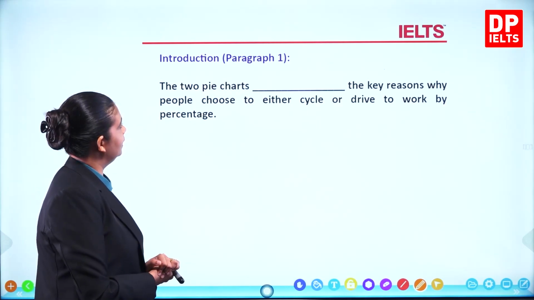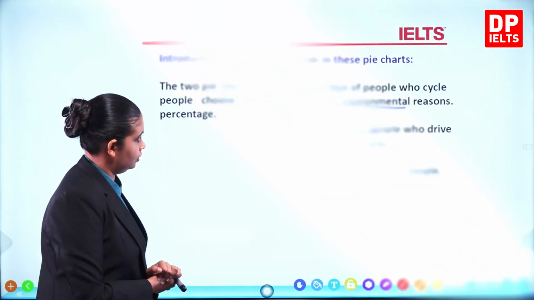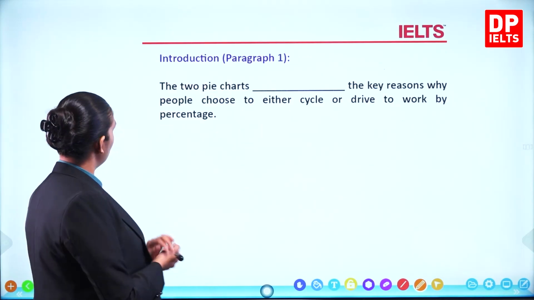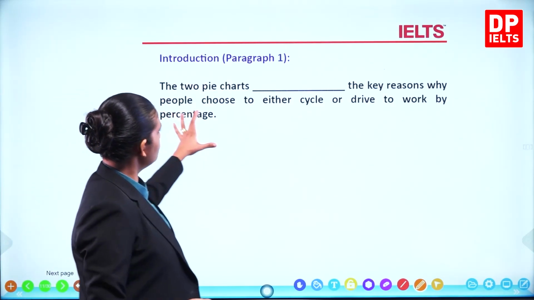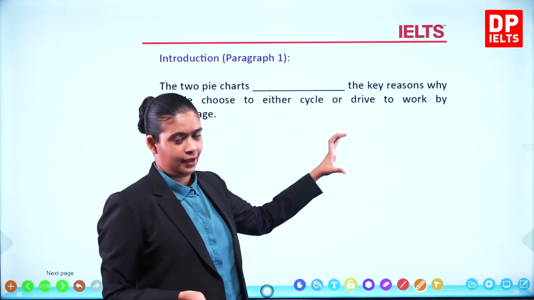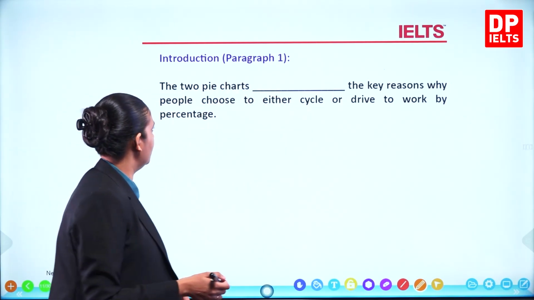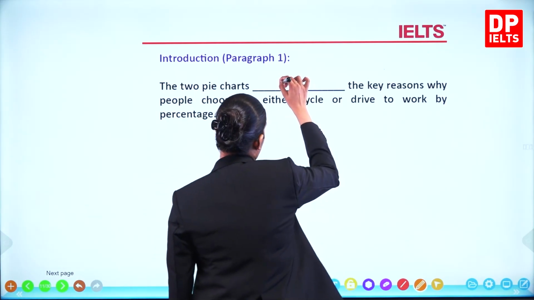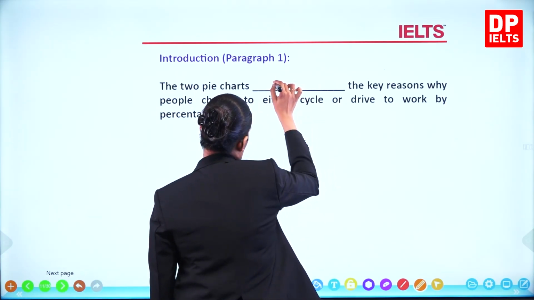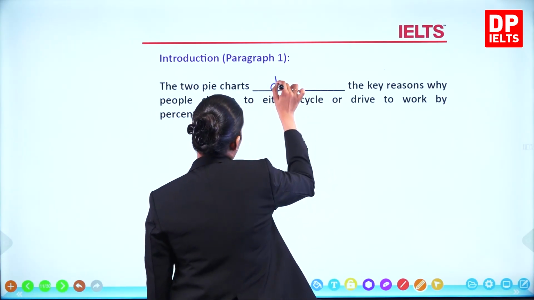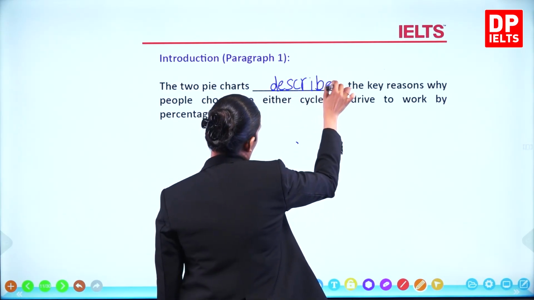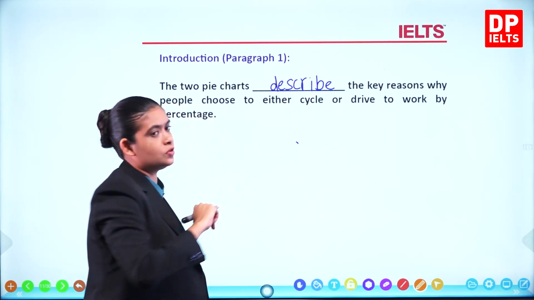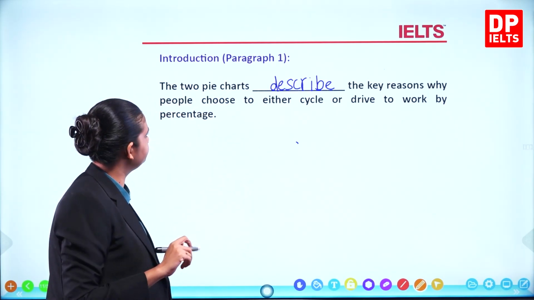Now, let's have a look at the introduction. Alright, so moving on, let us have a look at the gap fill. The two pie charts, right? So it's plural, so you can write the two pie charts show or illustrates, or the two pie charts describe. You don't say describes, okay? Why? Because subject-verb agreement, okay?